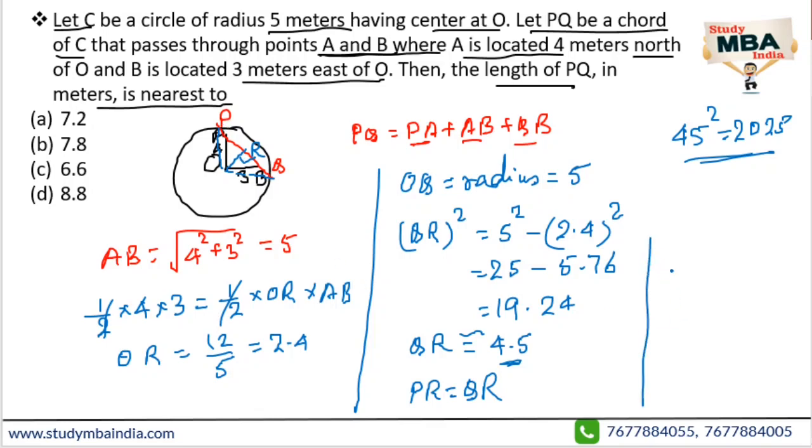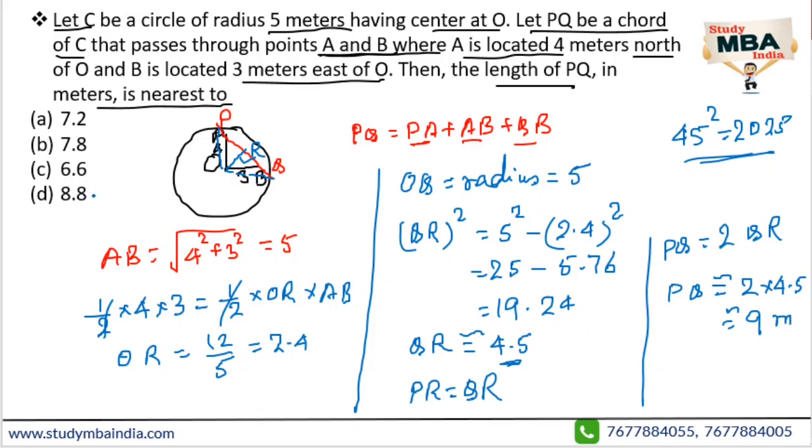So we can say that PQ is equal to 2 times QR, and the value is close to 4.5, so PQ will be close to 2 times 4.5, or 9 meters.